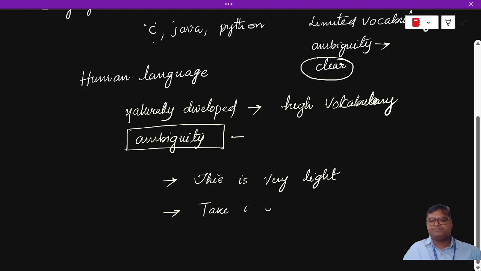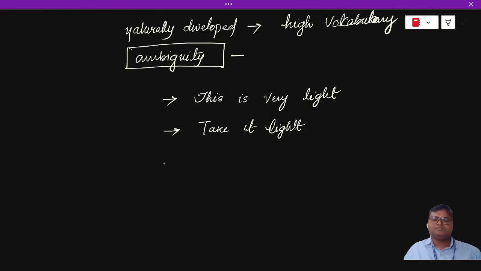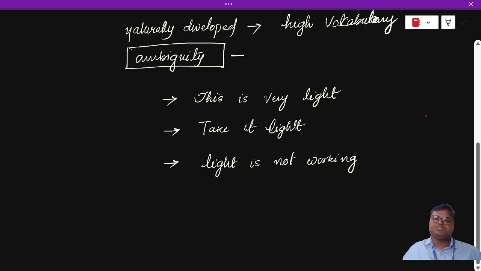Take it light. That is another sentence. Light is not working. That is another sentence. Now observe that I have three sentences, and there is a single common word called light.